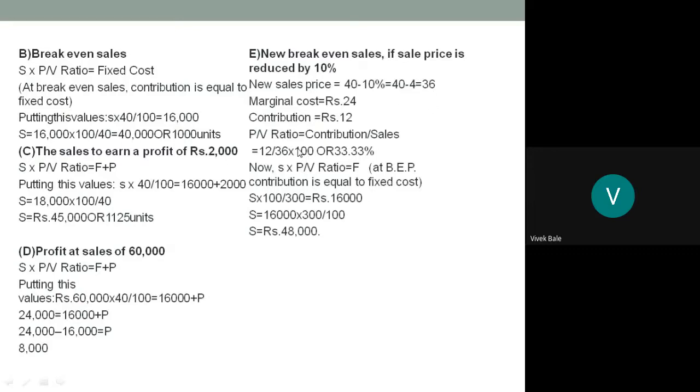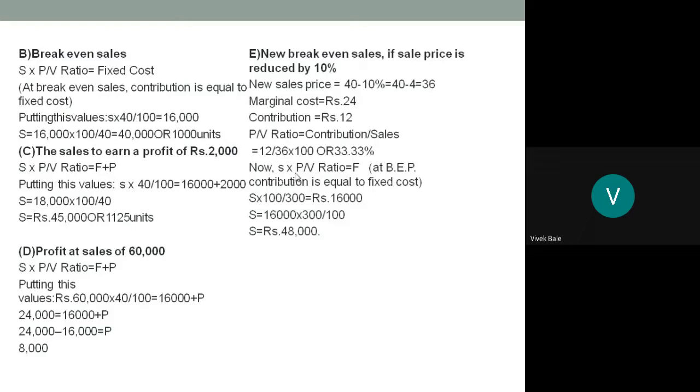To calculate the new break-even point, we need sales into PV ratio. PV ratio is equal to contribution divided by sales. So contribution is 12 rupees divided by sales 36. So 12 divided by 36 into 100 is equal to the new PV ratio, 33.33%.